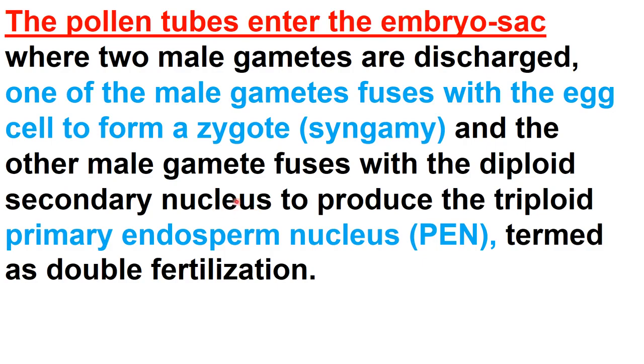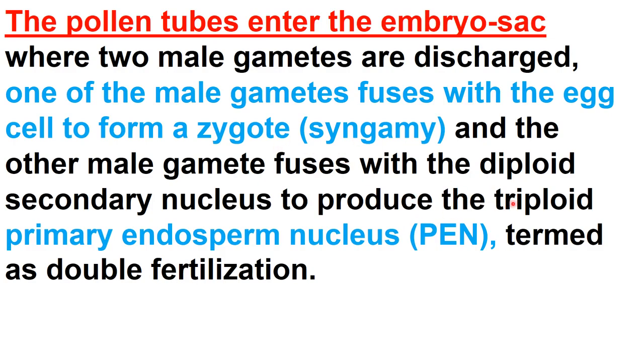So the other male gamete fuses with the polar nuclei, simply you can say here, to produce the triploid primary endosperm nucleus. So here you can see the word triploid. Because both the polar nuclei which are present in the center of the embryo sac are haploid structures, so two haploid and one haploid male gamete, three haploid structures are fusing here.